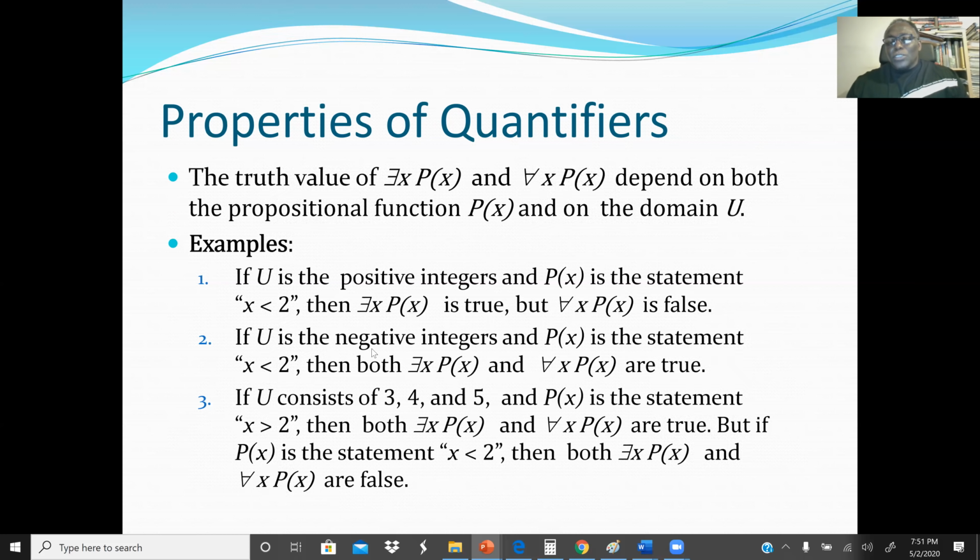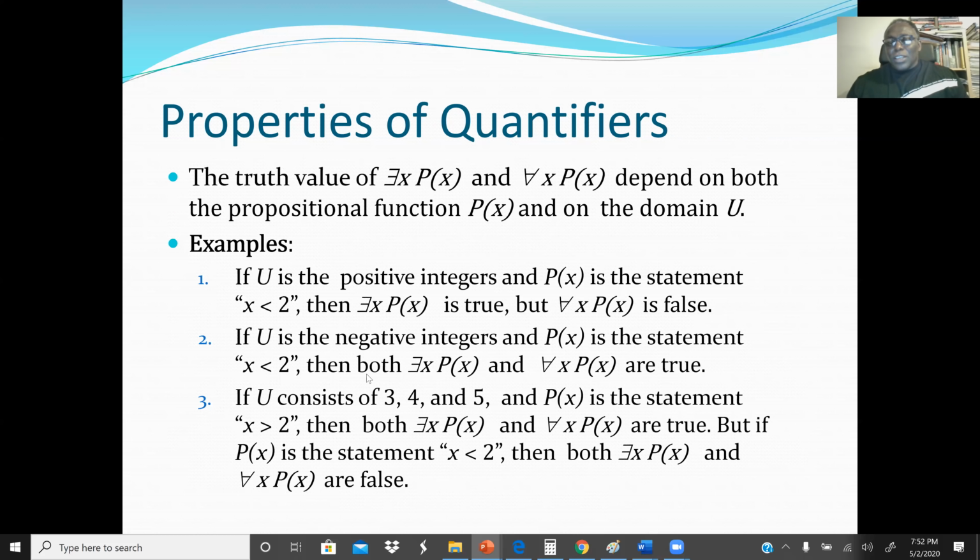Now, if U is the negative integers, now our universal set means x is less than 0, negative integers, and P(x) is the statement x is less than 2. Then both ∃x P(x) and ∀x P(x) are true.